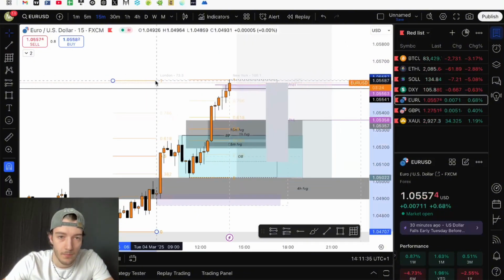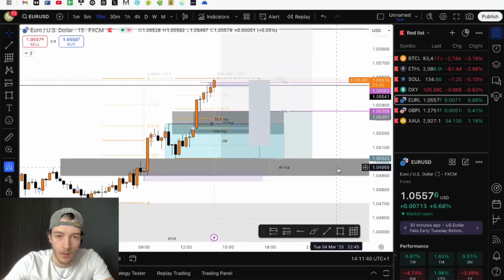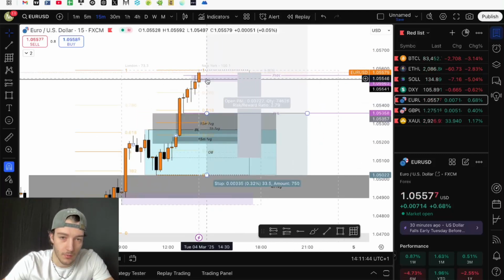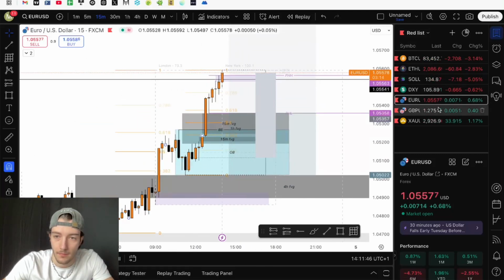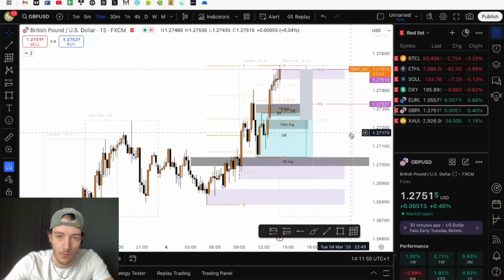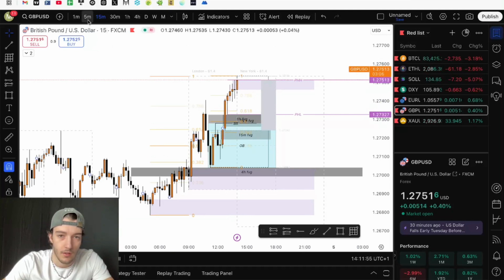Nice. So yeah, I can easily imagine price to come back into this order block, into these fair gaps, and then move higher. So far, no sign of retrace.